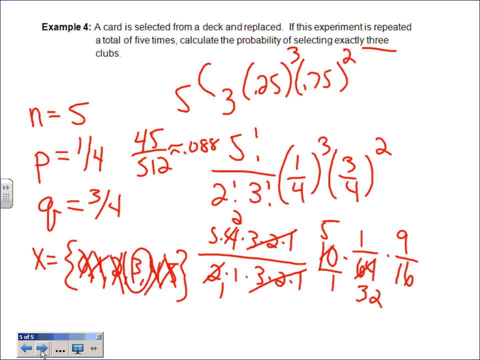More chances for success. But the probability of failure here is lower. So I'm taking a smaller number to a higher exponent. I don't know. If you take a number less than 1 to an exponent, it actually gets smaller.